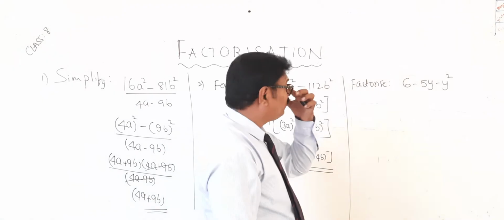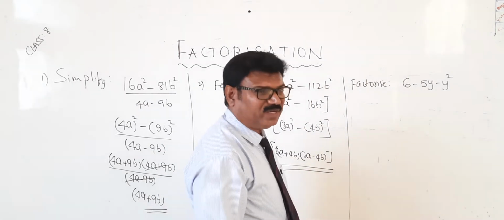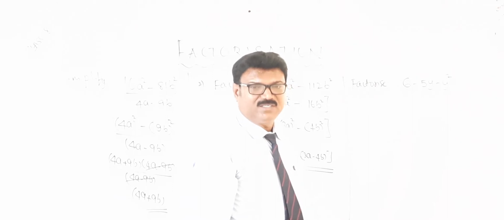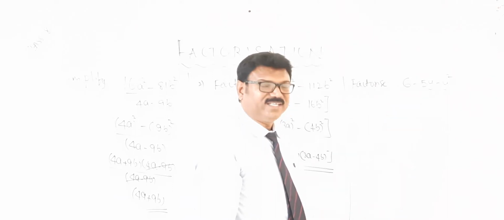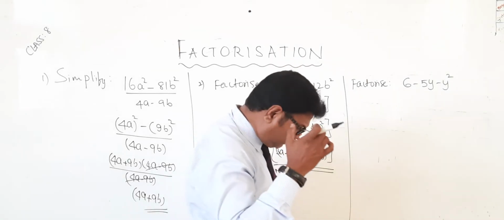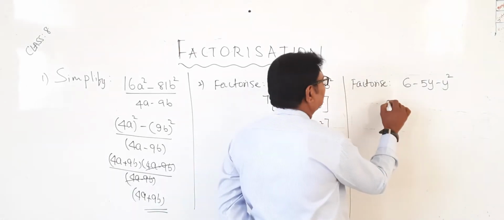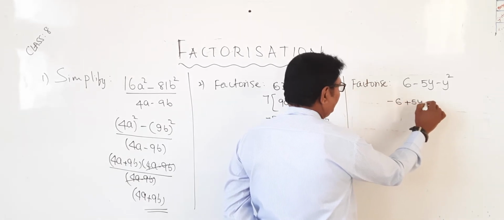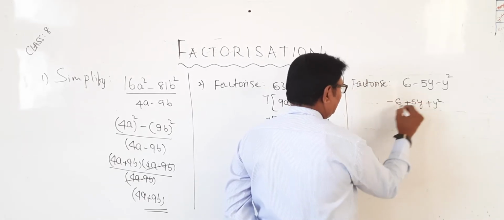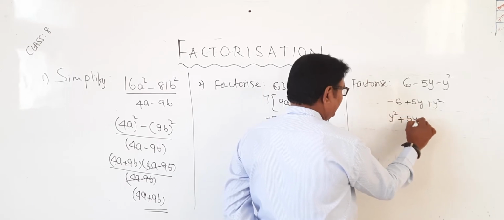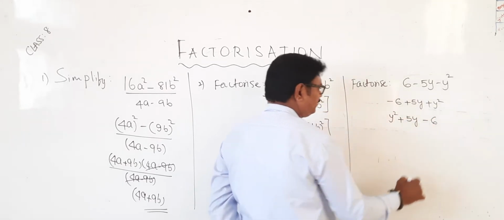Here one more: 6 minus 5y minus y square. A perfect square will not have a minus sign. Therefore, to avoid the minus sign, what do you have to do? We should multiply by minus. That means minus 6 plus 5y plus y square, or y square plus 5y minus 6.